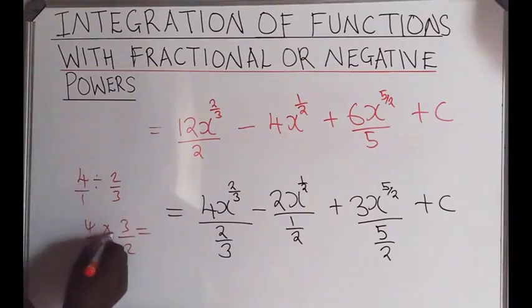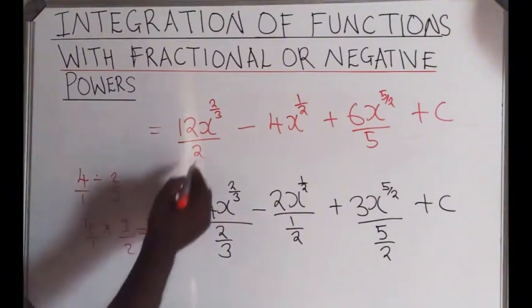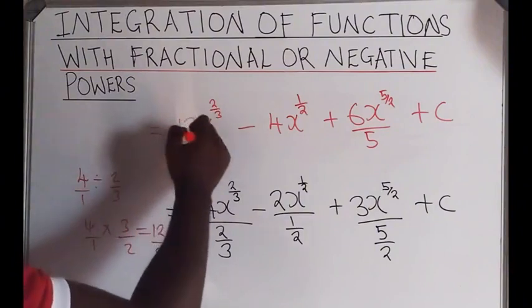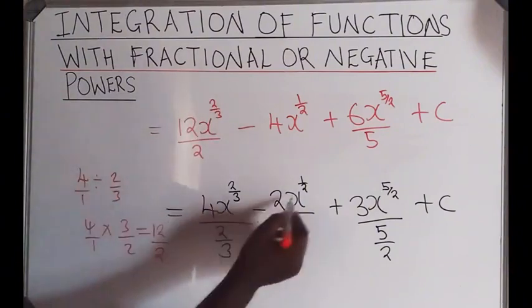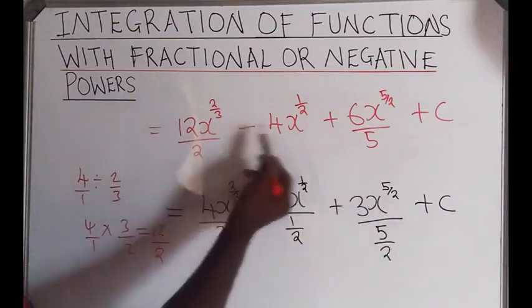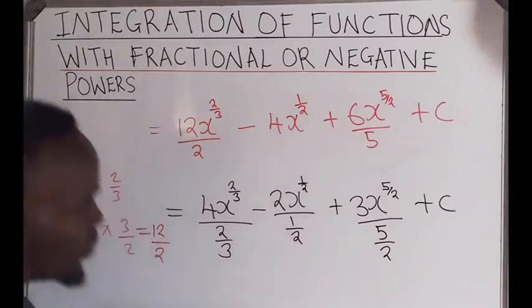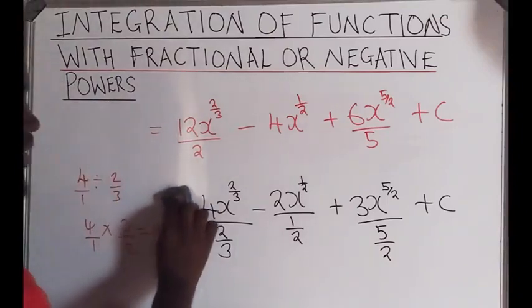So you multiply 4 times 3, it's a 12 over 1 times 2, it's a 2. This is what I've gotten right here. So the same principle that I use here, you use here, okay? Even here, and it will give you these values.